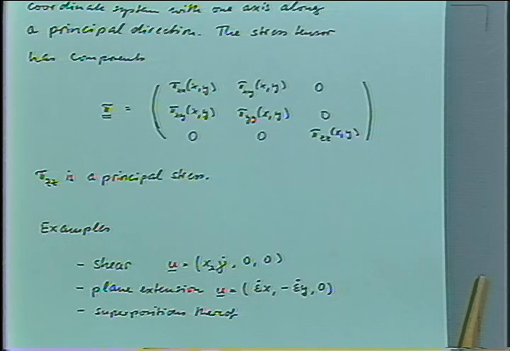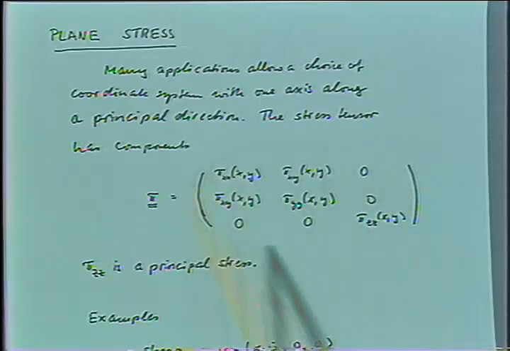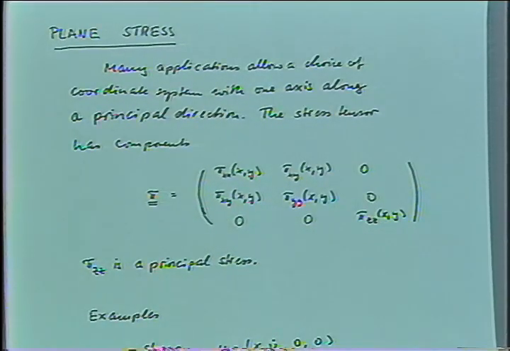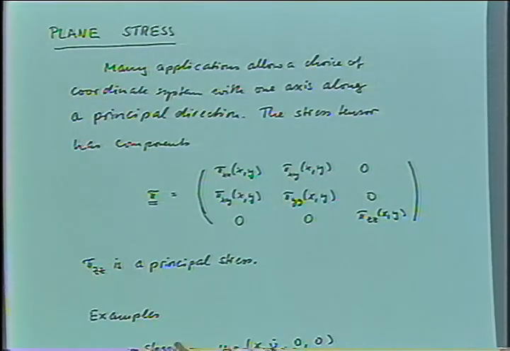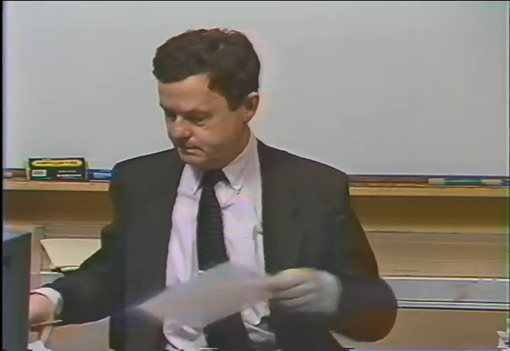So the stress in the third direction is not zero. Also in shear flow, it's not zero. It's a finite value. But it's always a principal stress, and we are allowed to reduce the stress tensor into that format. And of course, shear flow and planar extension could be superimposed to have all kinds of arbitrary planar flows.